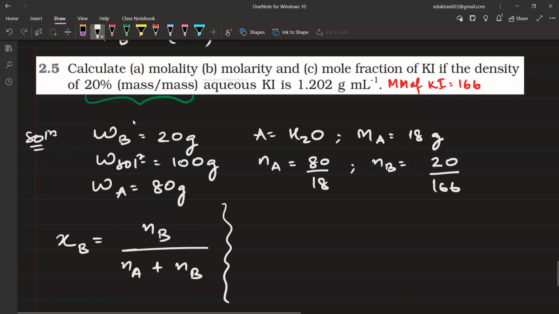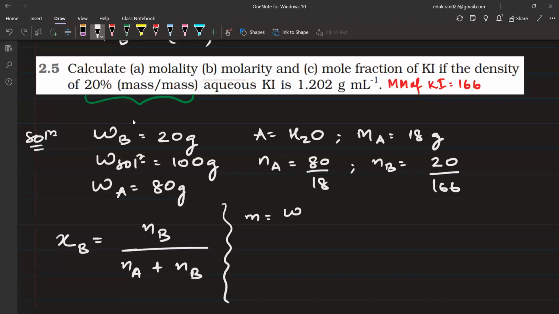Now you see here that we have molality. Now calculating molality has become very easy for you, since you have all the information for it. See, molality is small m, which is equal to what? If you know the formula, just flip some pages, you will get the formula.